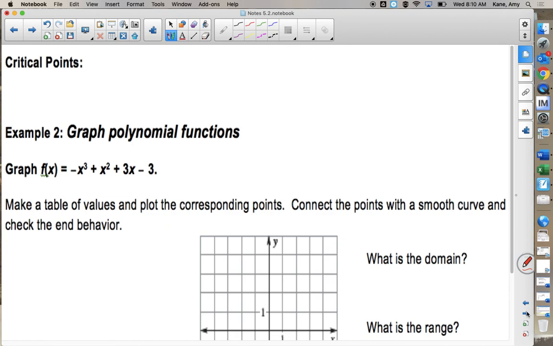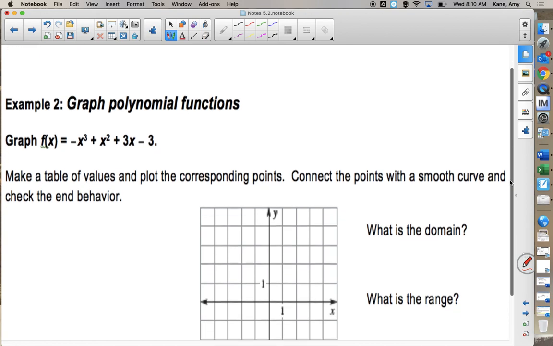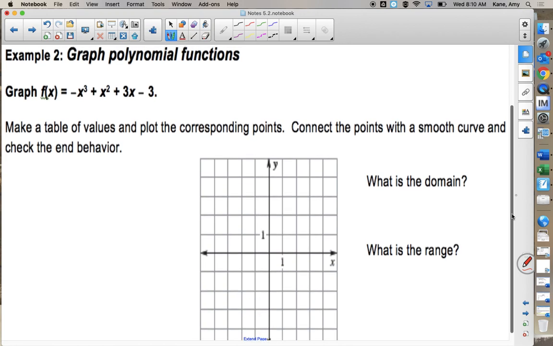So I'm going to skip the little definition for now. We'll talk more about those later. We're going to see if we can graph this function. But before we graph it, I want you to just describe the end behavior. To describe the end behavior, you need to find the degree and the leading coefficient.